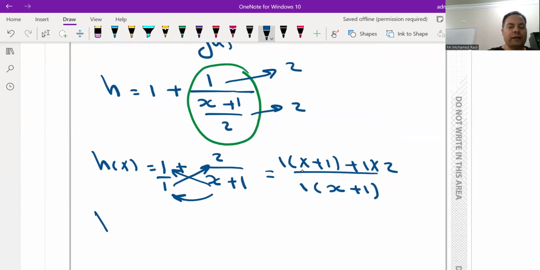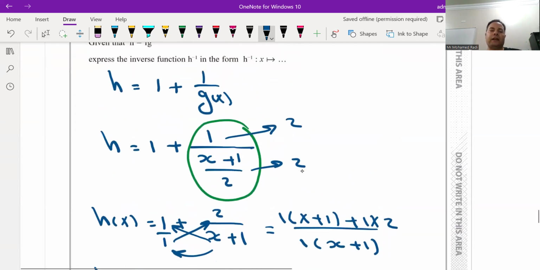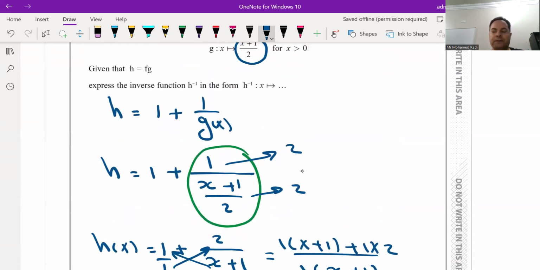Simplify more, h of x is equal to x plus 1 plus 2 divided by x plus 1. Simplified, it will be x plus 3 divided by x plus 1. This is h of x simplified.